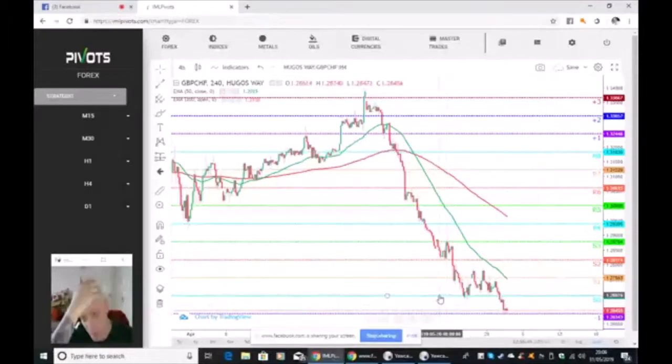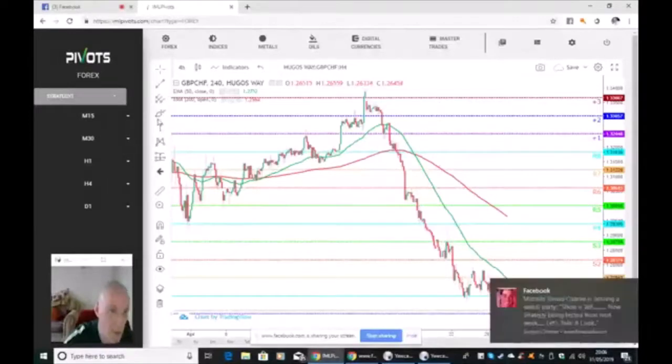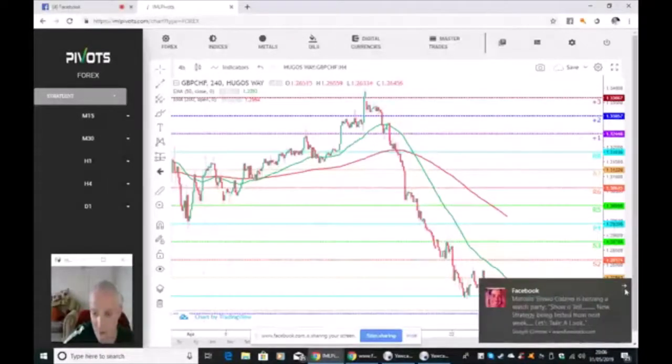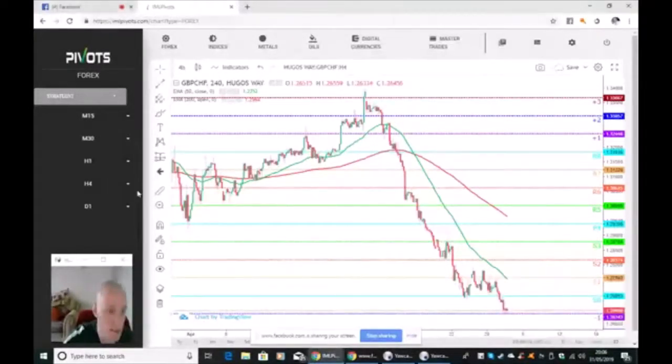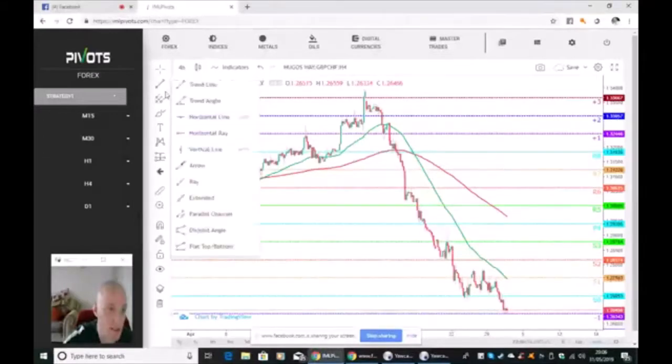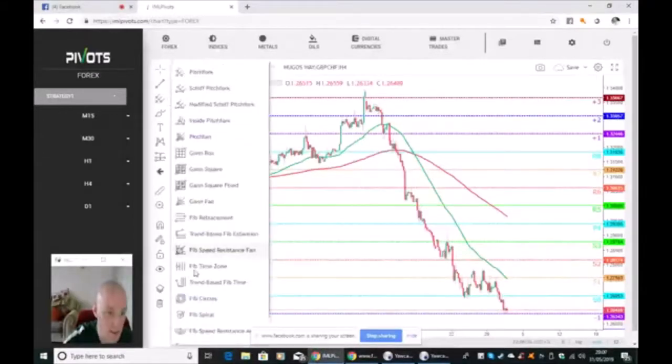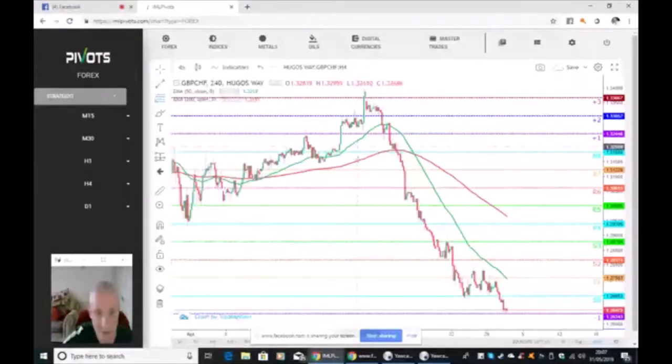So basically, the other thing you can do on these is add a Fibonacci retracement again. You've got your left-hand side down here, your instruments and things like that. So you can click on this, which will be the pitchfork, and then you can change that for a fib retracement, and then you've got a swing high to a swing low, right? So that means this highest point down to the lowest point.